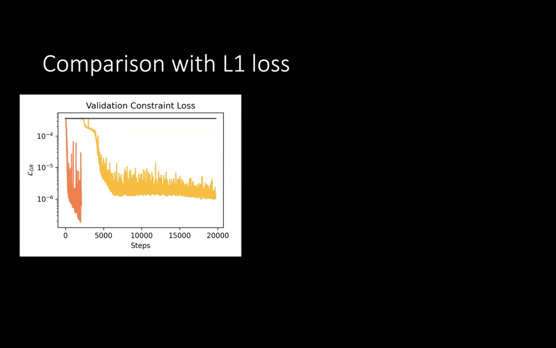Really surprisingly, the physics loss converges super fast, at least in the number of steps, spoiler. And L1 actually takes a really long time to converge. My hypothesis is that because we have this really highly informative loss, there's so much information about the physics that we implement in the loss that the gradients are also highly informative, so we converge super fast.